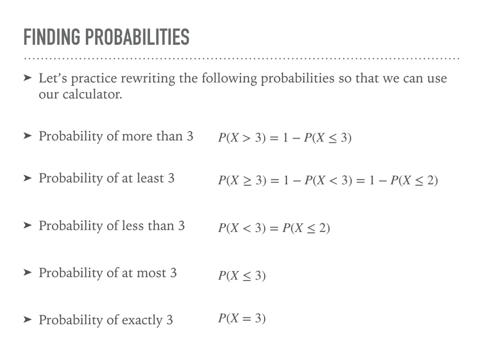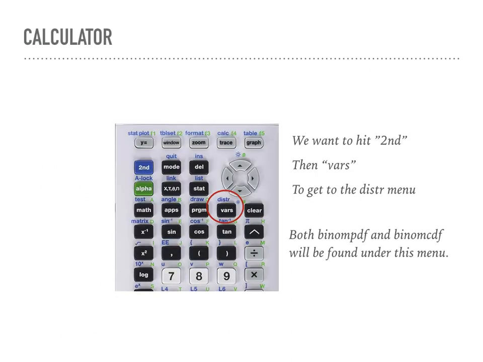Now to find these functions on our calculator, if you have a TI-83 or 84, it should look something like this. You see this button called VARS. If you hit second and then hit this button, you're going to go into the distribution menu. Both Binom PDF and Binom CDF will be found underneath this menu. You may have to scroll towards the bottom though.